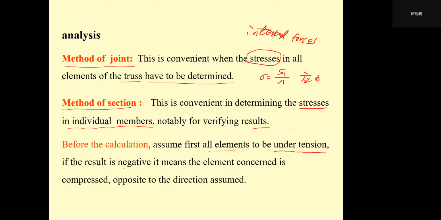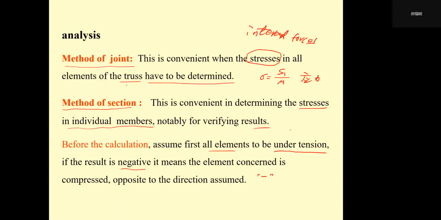If the result is negative, it means the element concerned is actually compressed, opposite to the direction assumed. We do not need to repeat the process of calculation. We just need to know that our assumption is not correct. It is actually opposite to the direction we assumed, right?